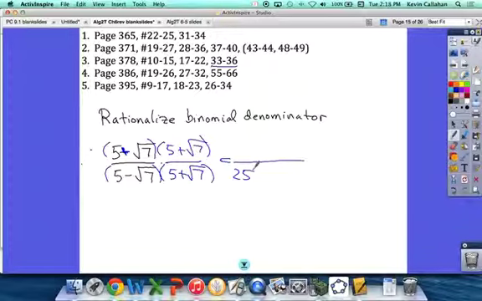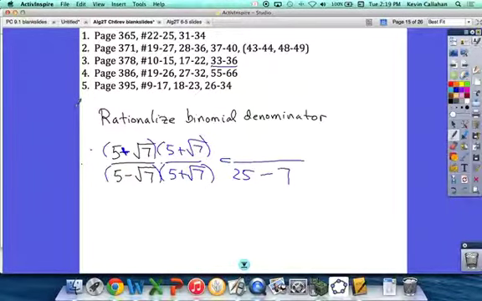Then the next two terms, right, are 5 times positive root 7 plus 5 times negative root 7. They're opposites, so they cancel. And then the last term will be negative square root of 7 times positive square root of 7. Negative times positive will make negative. And what's the square root of 7 times the square root of 7? 7, right?